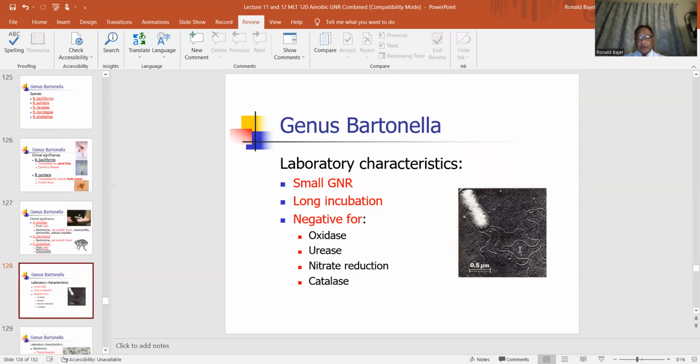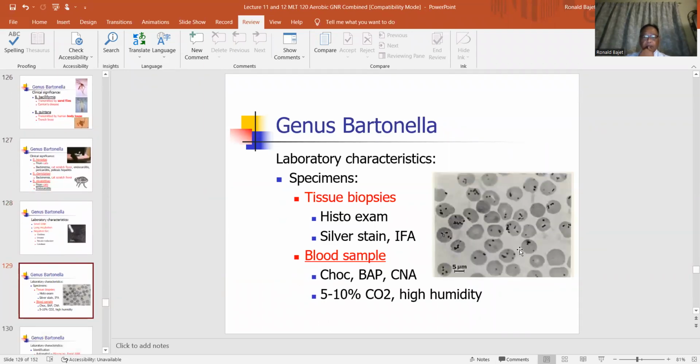This organism, Bartonella, is a small gram-negative rod, long incubation. It's negative for oxidase, urease, nitrate reduction, catalase. Bartonella, tissue biopsy, histology exam, silver stain, indirect fluorescent antibody, blood sample, blood cultures, subject to chocolate blood CNA.